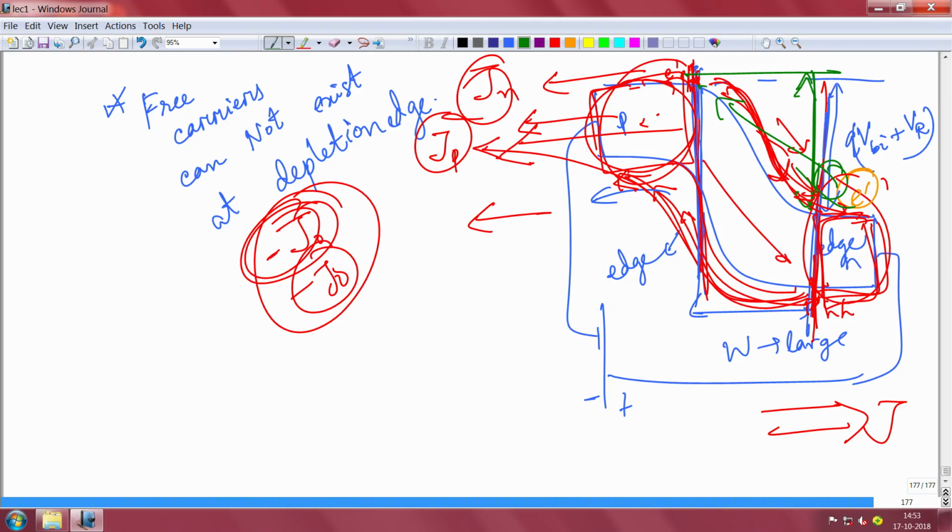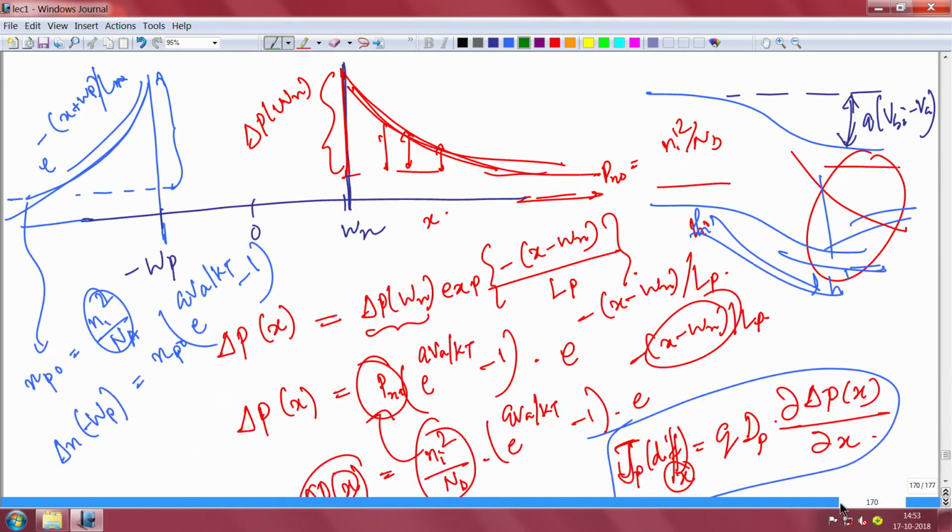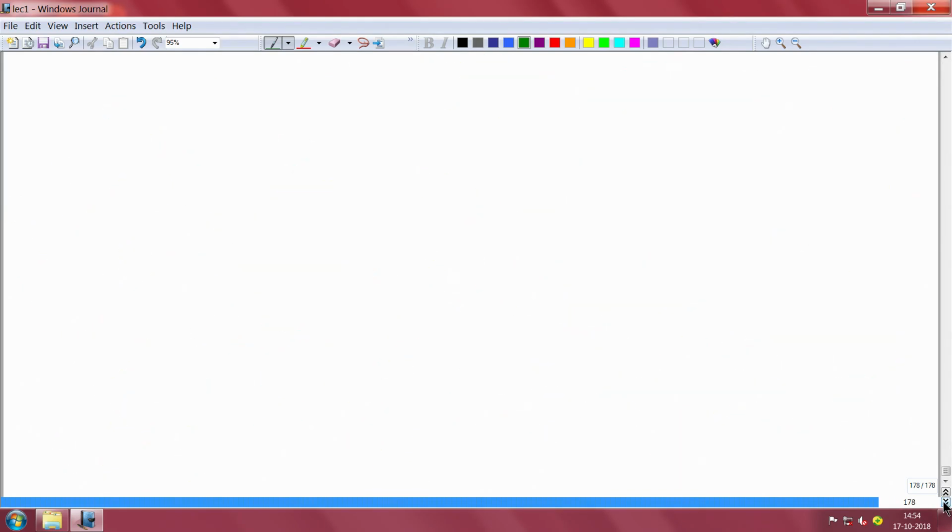Here also you can solve the boundary condition. In the solution of the forward bias, when we were discussing the forward bias condition, there is a boundary condition that at large distances eventually your carrier concentration will become equal to the background carrier concentration. So, in this case, for a minority in a reverse bias junction, what is the condition that will apply?